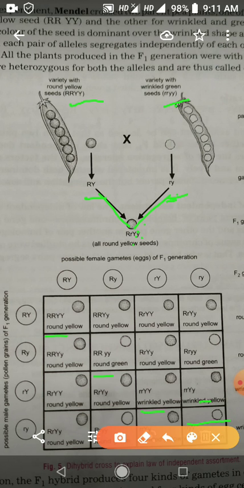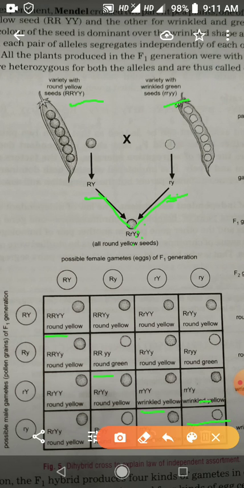So you can say there are 4 types of combinations found in F2 generation: round yellow, round green, wrinkled yellow, and wrinkled green.